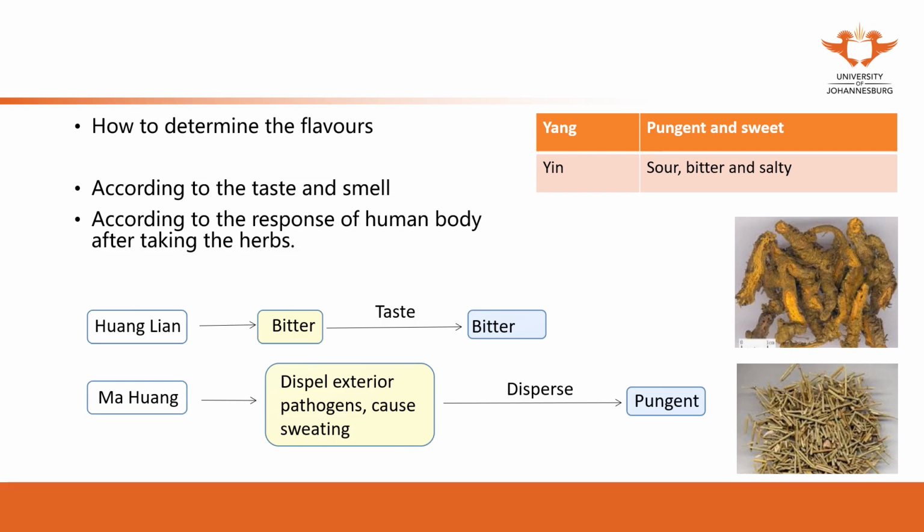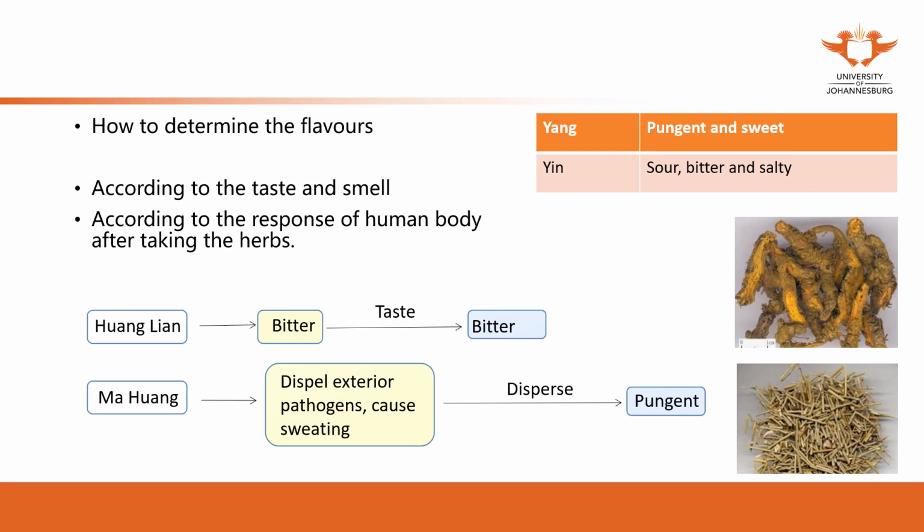The flavors also can be determined according to the response of the human body after taking the herbs. For example, 麻黄. 麻黄 has the function to dispel bacterial pathogens, and also many patients after taking 麻黄, they will sweat.